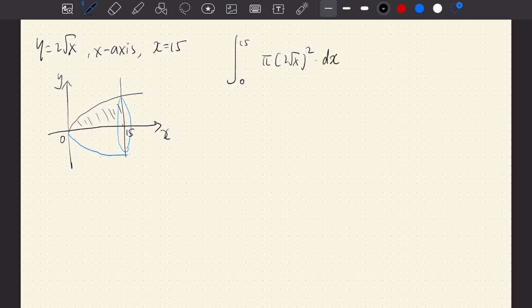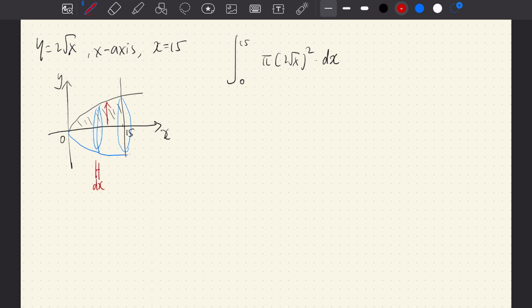The reason why we can write this is because if we cut a very thin slice of the volume, the thin slice would have a width of dx, and the radius here would be 2 square root of x.